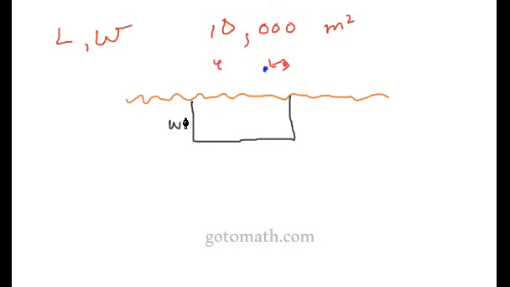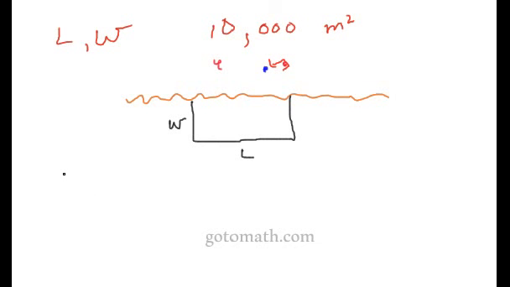We'll call this W and this length L. And we're given an area. He said that he needs to have 10,000 meters squared. So the area of this rectangle, or part of one anyway, is going to be 10,000 meters squared. He wants to minimize the perimeter. So we need to find the dimensions of W and L.